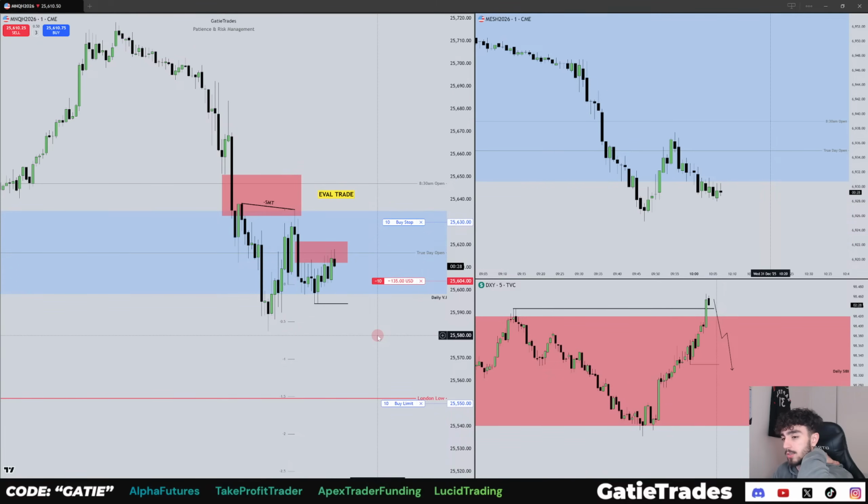Why not 10 a.m. reversal? Well, the reason I took the short was because dollar index still had buy side, but then dollar index just pumped, took out the buy side. So I thought there was going to be a synergy move with Nasdaq, but Nasdaq just went sideways while dollar index took out my objective. That was the main reason for the short.